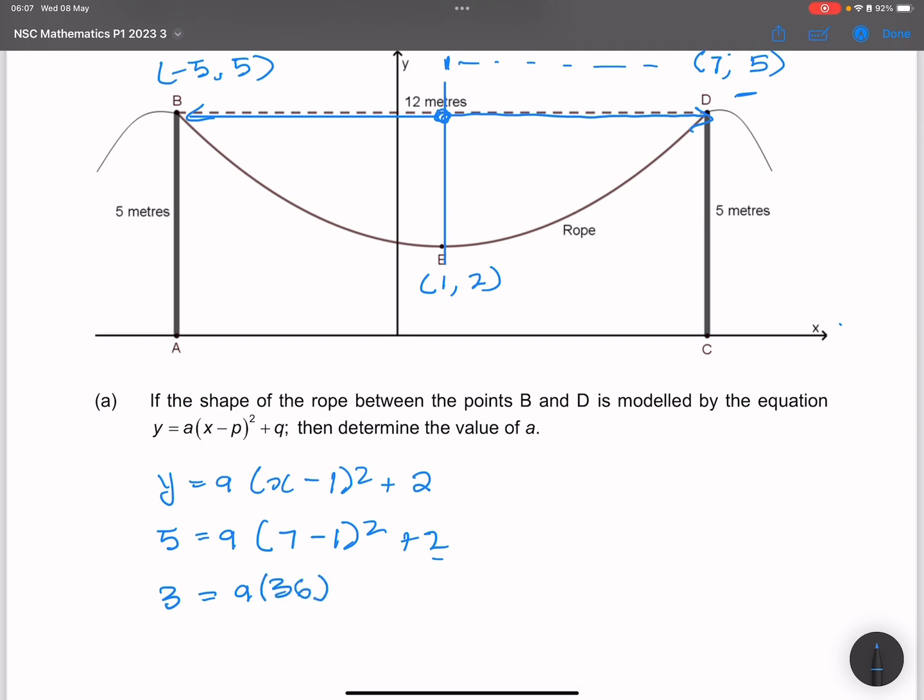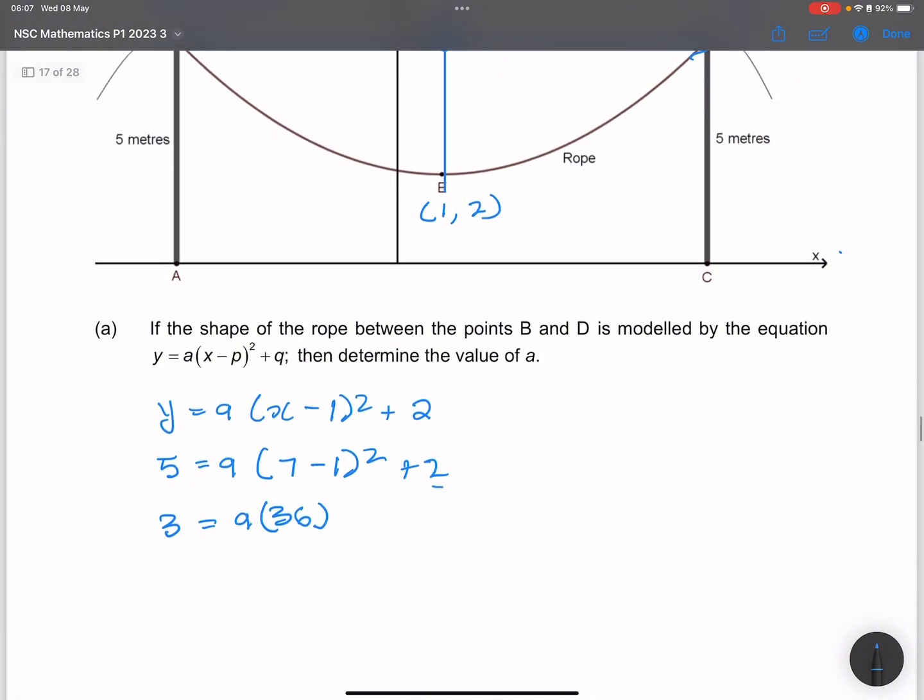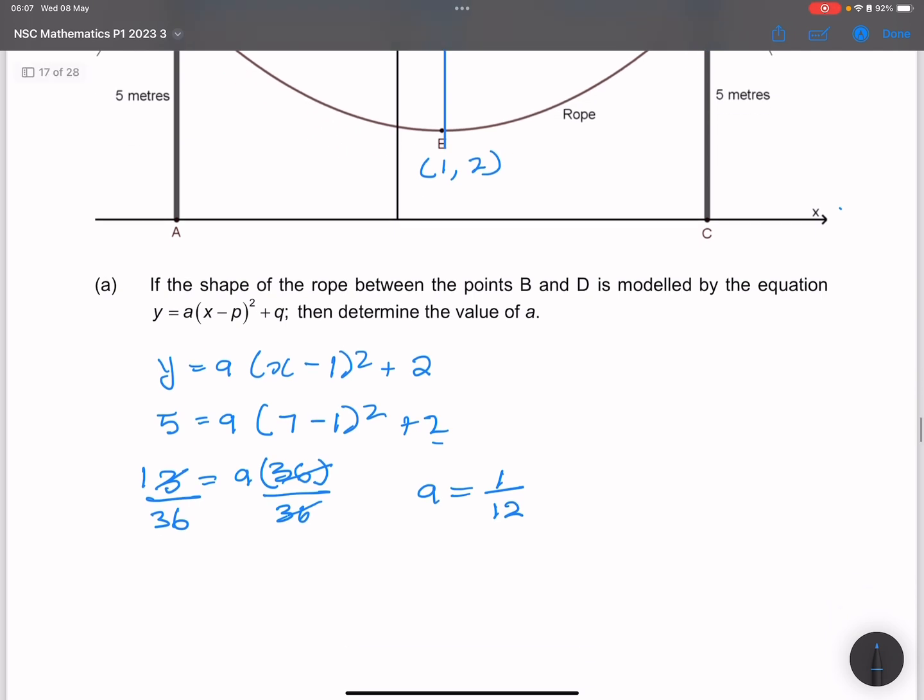So that gives us 36a. If we divide by 36 on either side, we've got 3 over 36. That would be our value for a. So 3 into itself once, and into 36, that will be 12 times. So this would be 1 over 12. That is what the value of a will be.